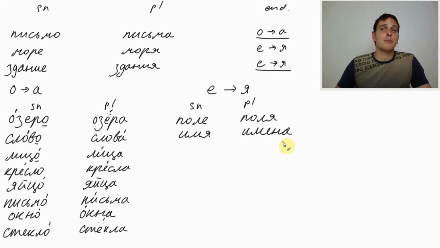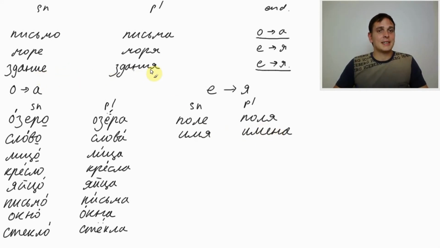However, имя is a very important word. It's a top used word in the Russian language. You will fill it out on a custom form when you go to Russia. And on the custom form, it will say имя. Please give us your name. So, имя is your name. And имена is plural of name. Имена. Поле, field, поля, fields.